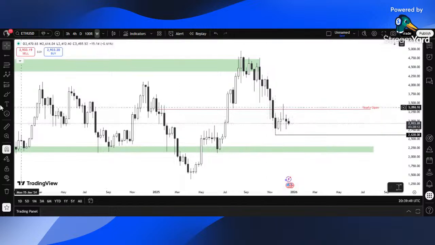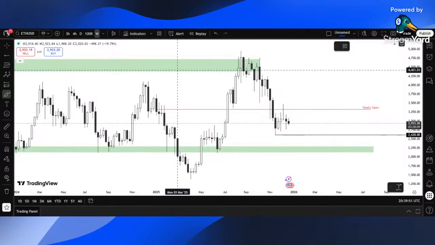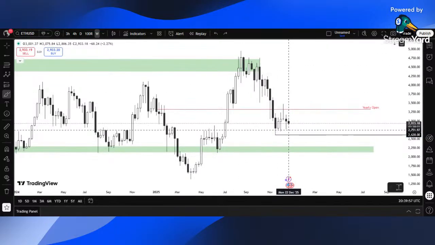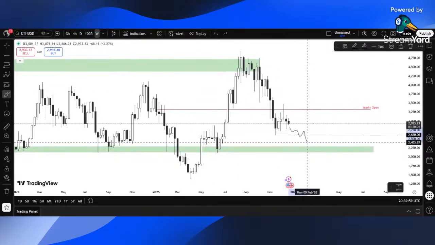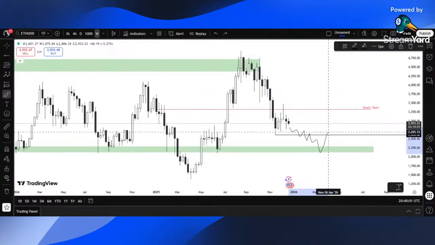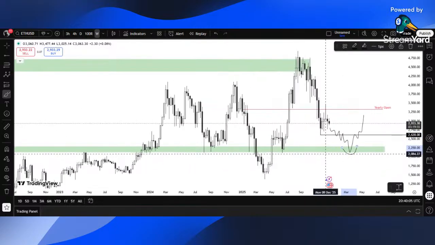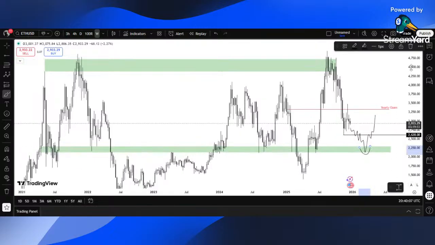I told you guys that on BTC we had unswept wick lows. On Ethereum we also have unswept wick lows. The best thing would be to take out these lows. The perfect zone for me is definitely this trigger. This is the trigger on Ethereum for me.